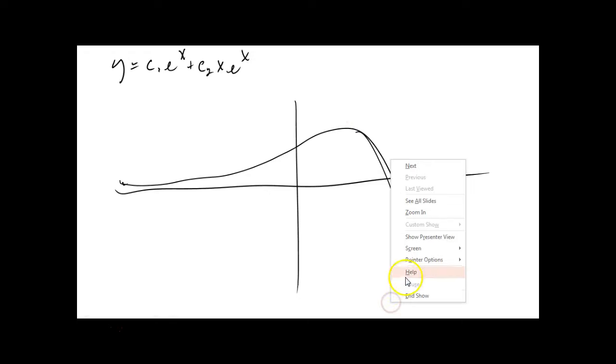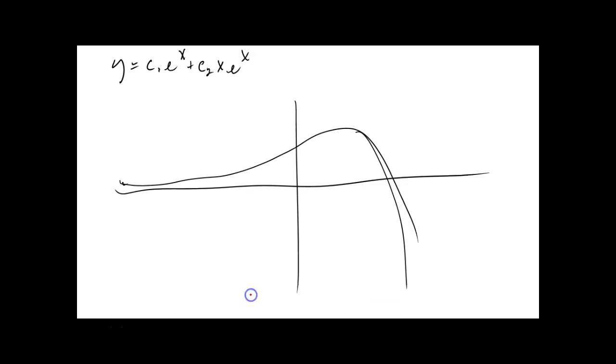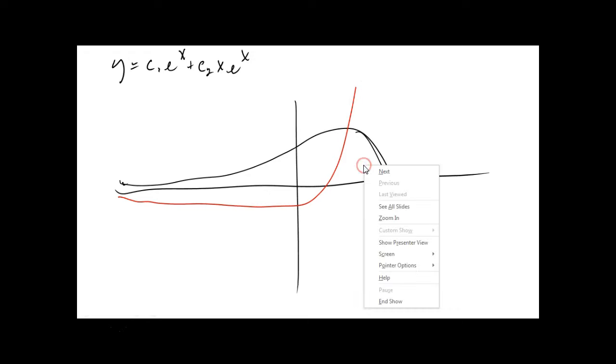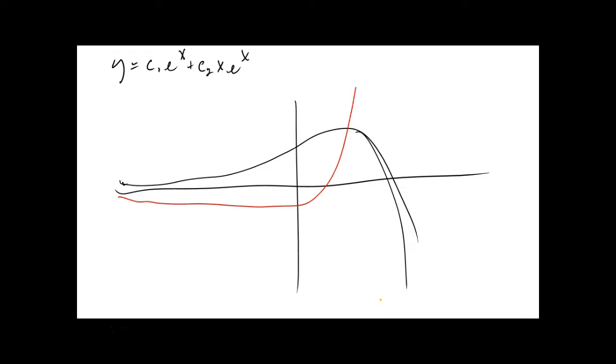Now let's do another one, and let's do a red. The red does something like that, okay? Let's do a sort of tannish, and let's see what we want this to do.